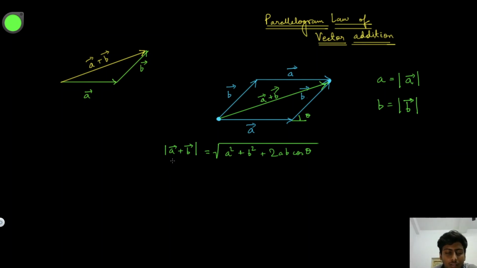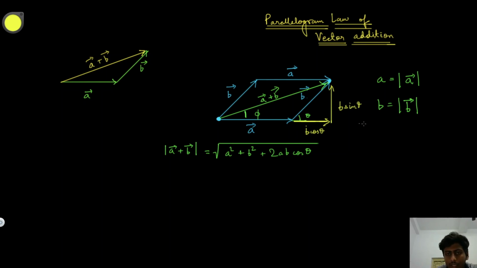Now what about the direction? Well, in the previous class we had derived the direction. What we simply did was that we represented B vector, we split it into the addition of these two vectors, right? This was b cos theta. The magnitude of this vector was b cos theta, and the magnitude of this vector was b sin theta.